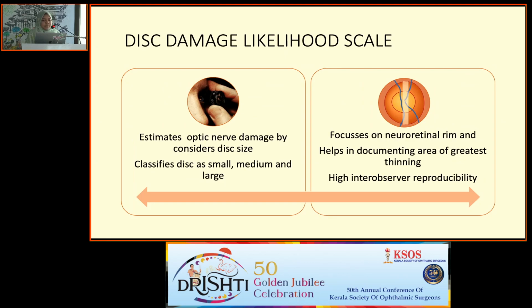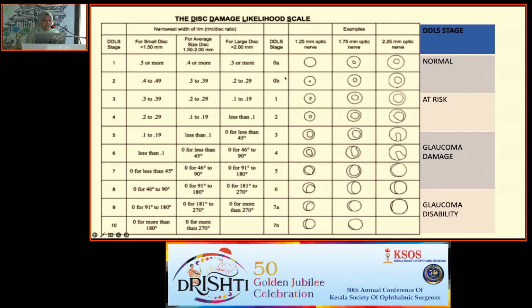The disc damage likelihood scale is a newly introduced scale by Spaeth and colleagues, and it estimates optic nerve damage by considering disc size. It classifies discs as small, medium, and large, focuses on the neuroretinal rim, helps in documenting the area of greatest thinning, and has high inter-observer reproducibility. This is the table showing the DDLS nomogram.